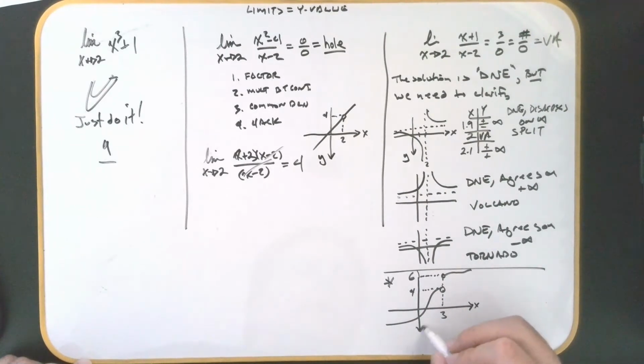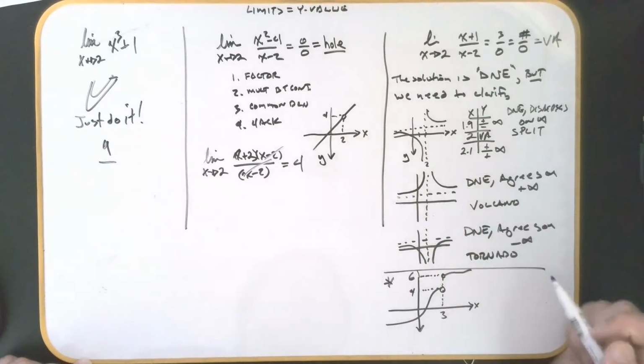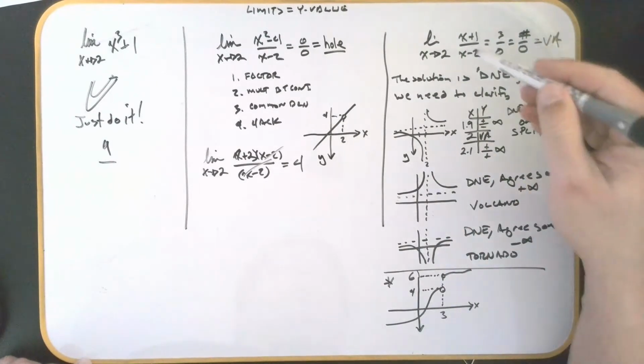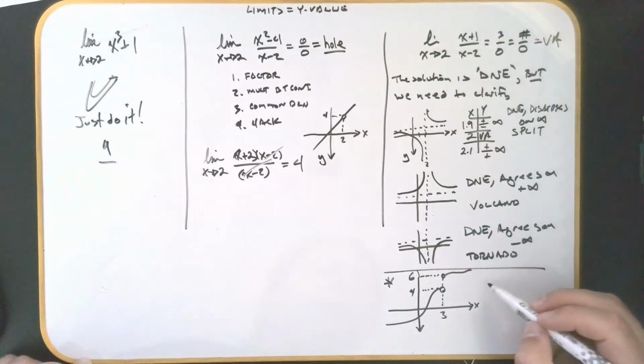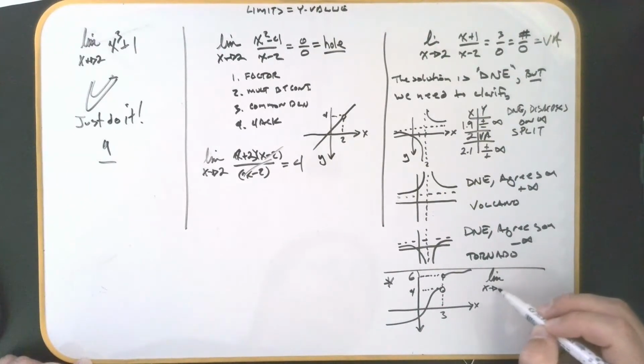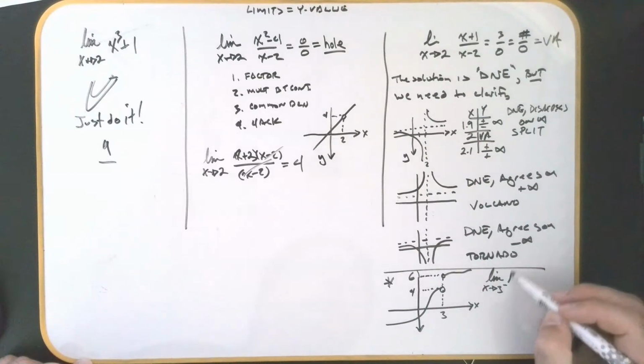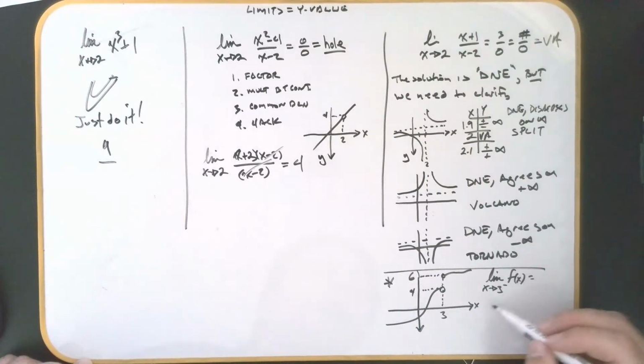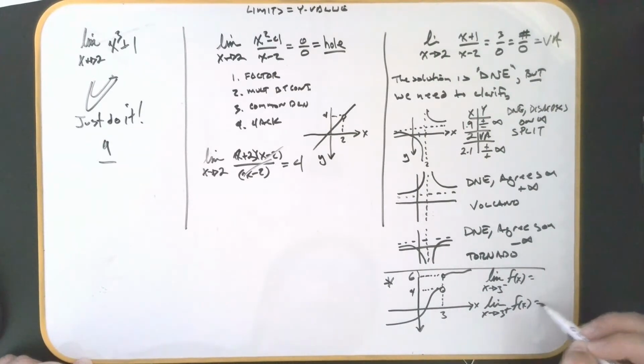Because if you recall, there's two reasons limits don't exist. Infinity is involved, and the other one is disagreement. And so for this one, if I said, find the limit as x approaches 3 from the left, find the limit as x approaches 3 from the right, and then if you just ask, what's the limit as x approaches 3, it's implied you're coming from both sides.